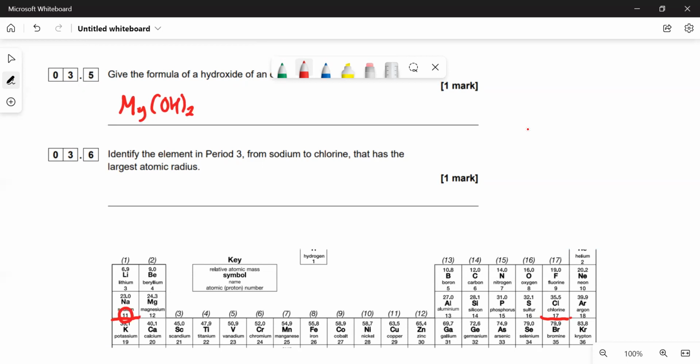Quantum shell 3 is being filled in all of them, so that's the same, but the electrons are held less tightly in the case of sodium because the nuclear charge there is the weakest it can be for an element in period 3. So sodium is our answer there.